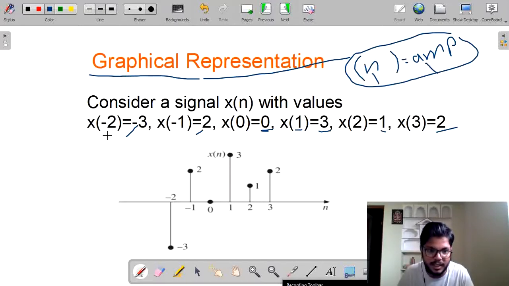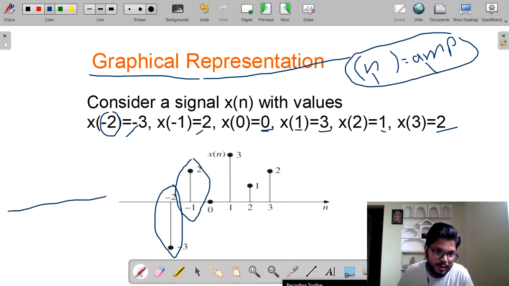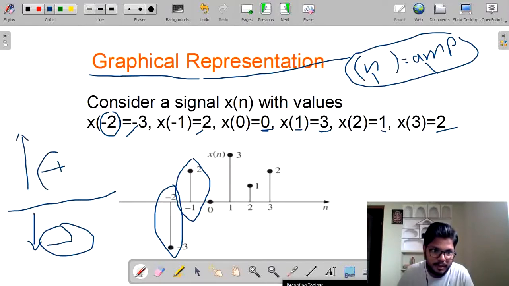It indicates that at x of -2, the amplitude is -3. At x of -1 the amplitude is 2, and 2 means positive. We need to have a good idea here: minus comes at the bottom, plus at the top.